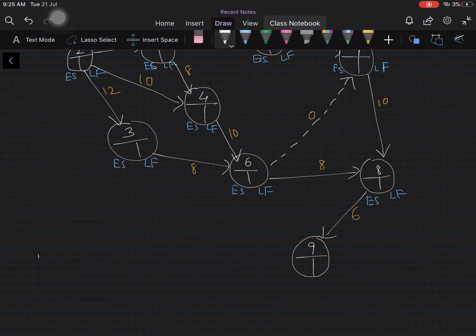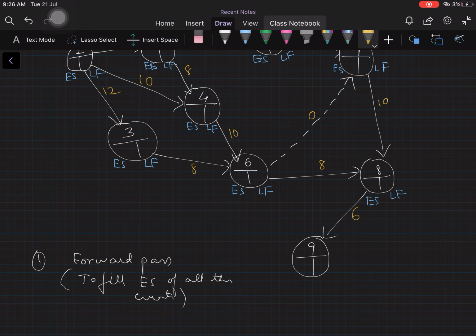The first one is forward pass, and this is used to fill the early start of all the events. So we will use forward pass to fill early starts of all the events.